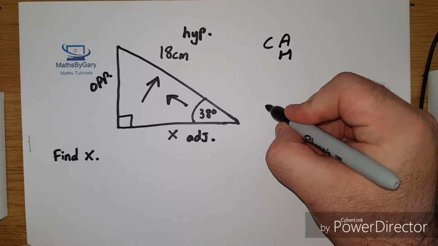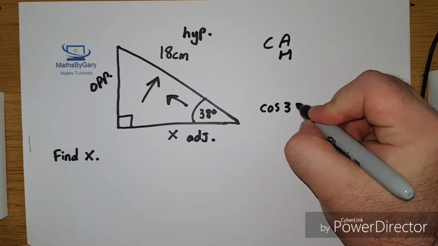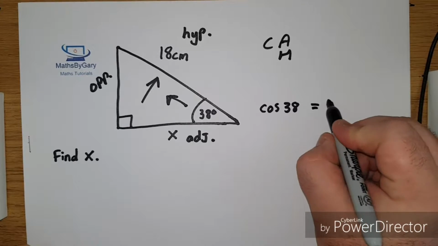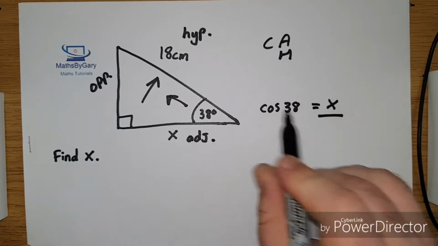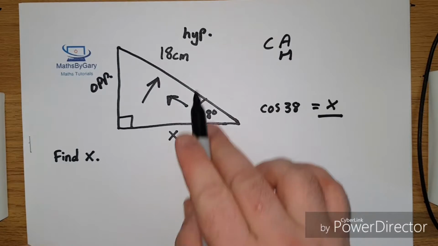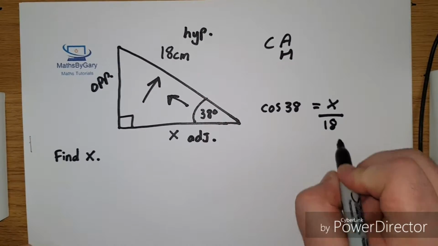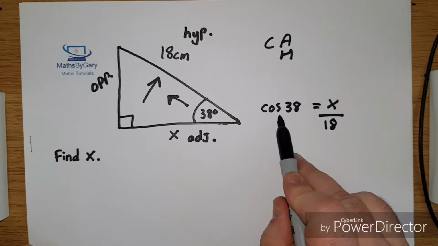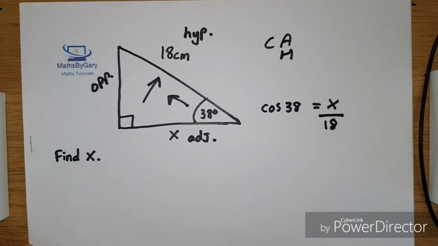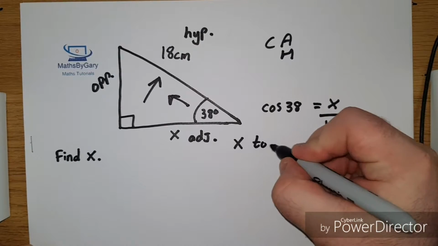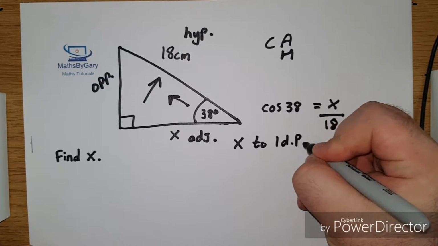So cos 38, because that's the angle here, will equal x divided by, so A, so that's x, and height, which is 18. So cos 38 equals x divided by 18, and we want x to 1 decimal place.